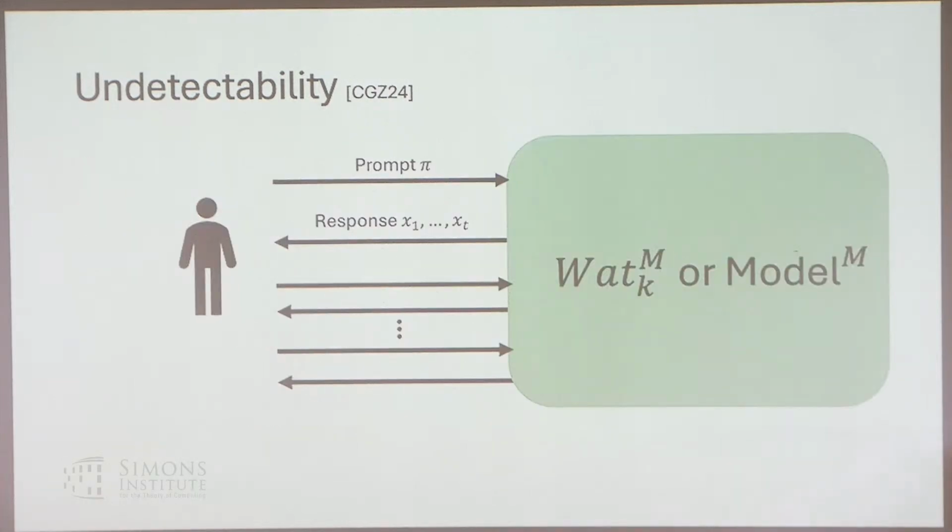And you can formalize this using an experiment, which we call undetectability. So you can imagine some efficient distinguisher interacting with either the watermarked model or the original model. It doesn't know which. And it can ask the model some prompts and get back responses. In particular, it can do this adaptively. So based on previous responses, it can carefully craft its next prompt.